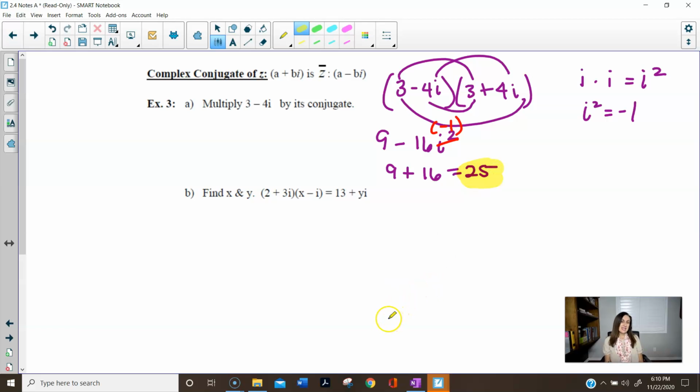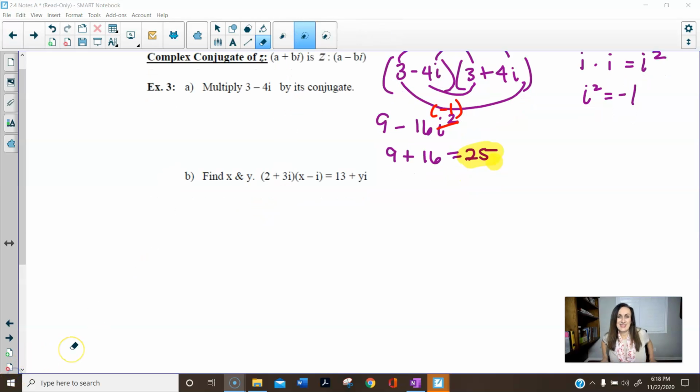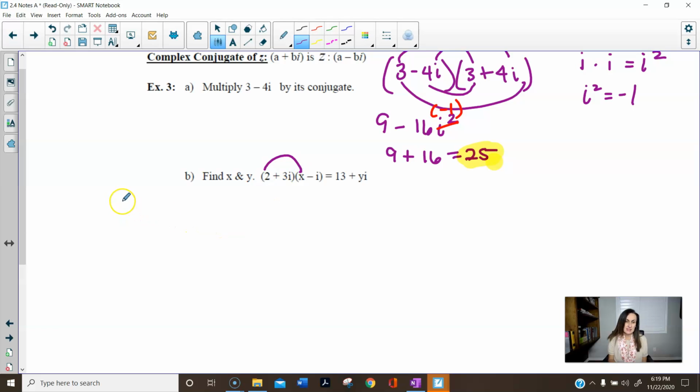Okay, so this next one, we're going to find x and y. All right, example 3b is probably a little bit new to a lot of you, but you're just going to use your same algebra skills. We're going to start by multiplying. We're going to take first times first. So 2 times x is 2x. We're going to do outer, which is minus 2i.